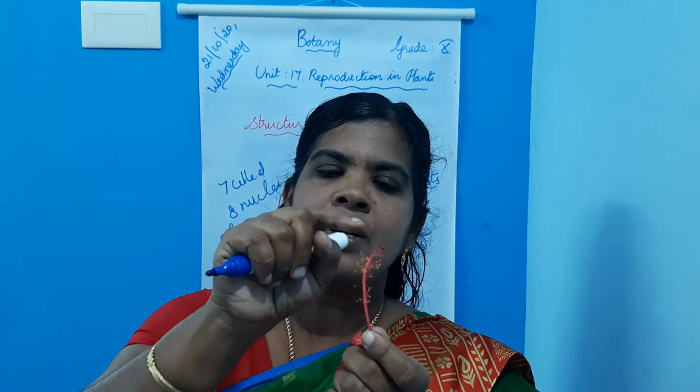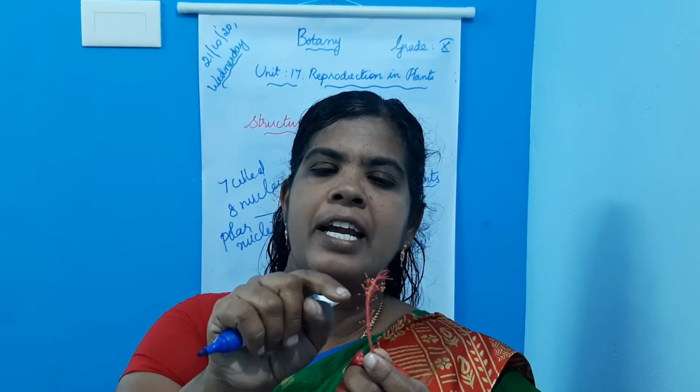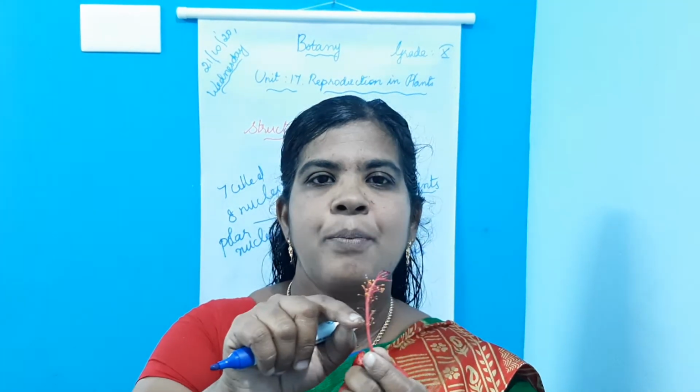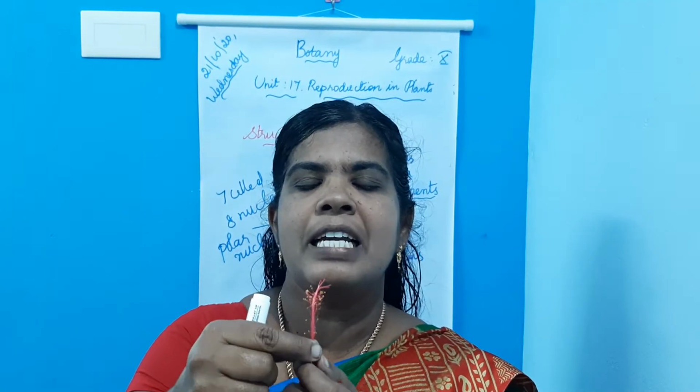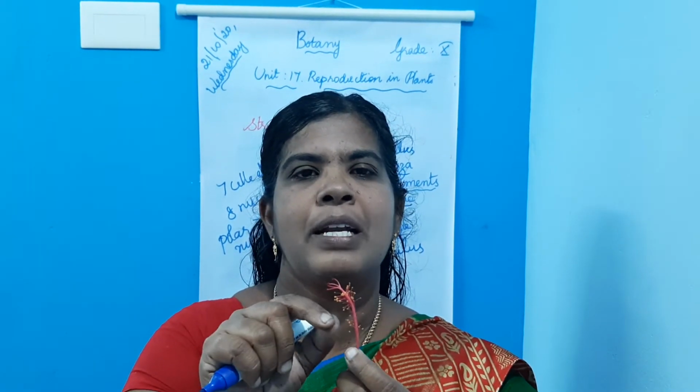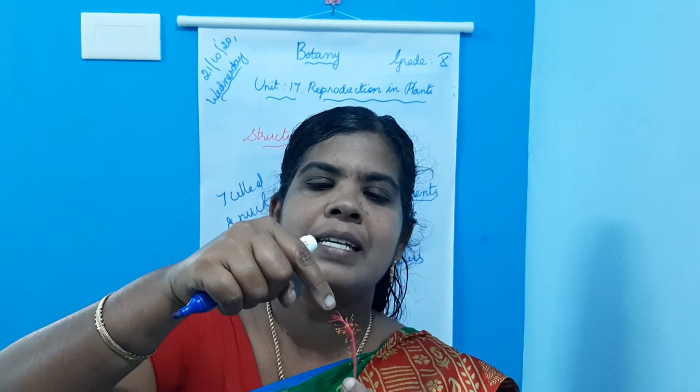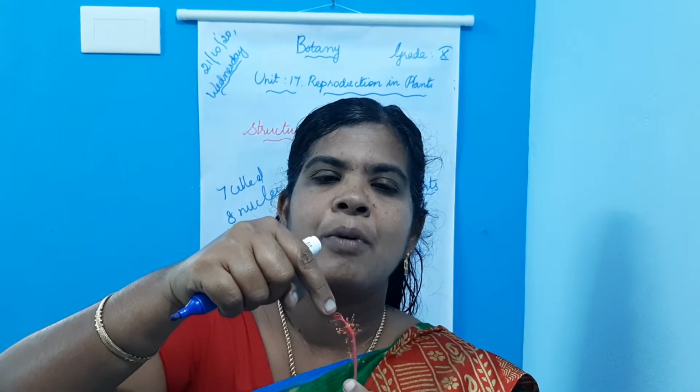Anther encloses the pollen grains, isn't it? When it gets mature, the pollen grains are liberated. So the transfer of pollen grain from the anther to the stigma is called what? Pollination.